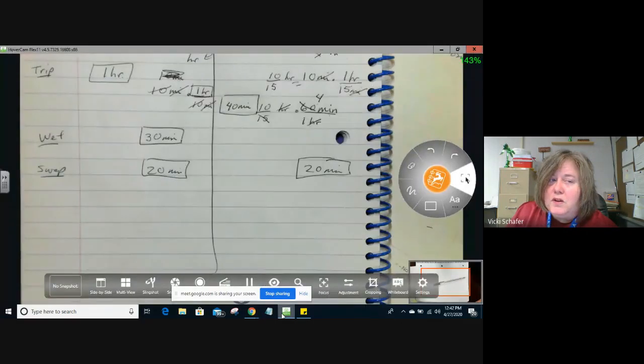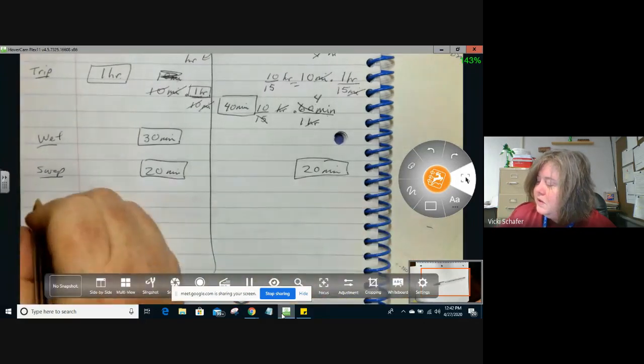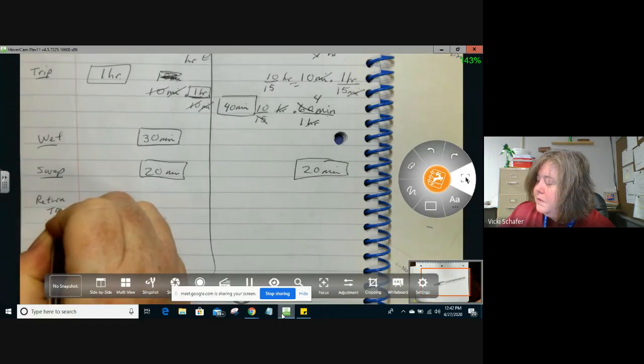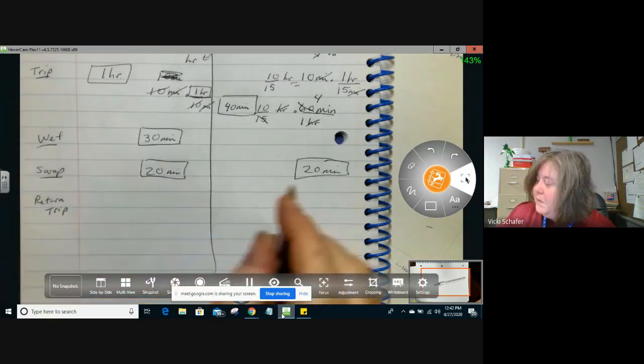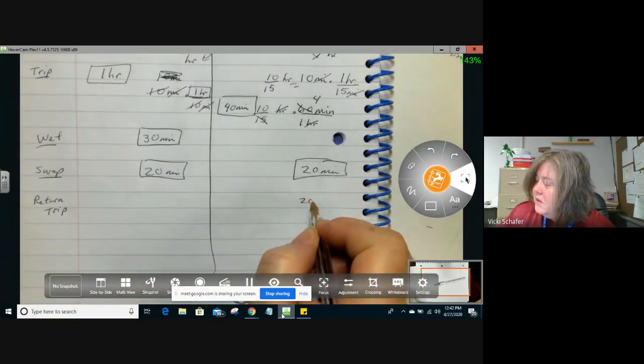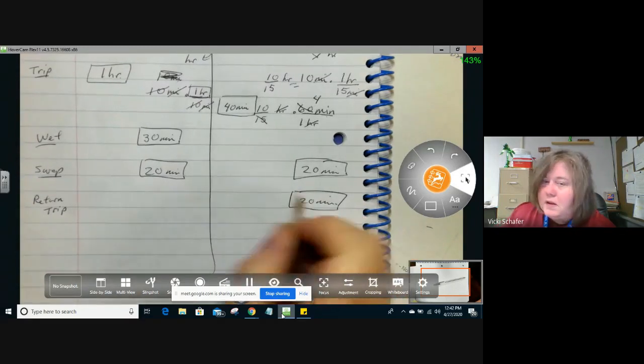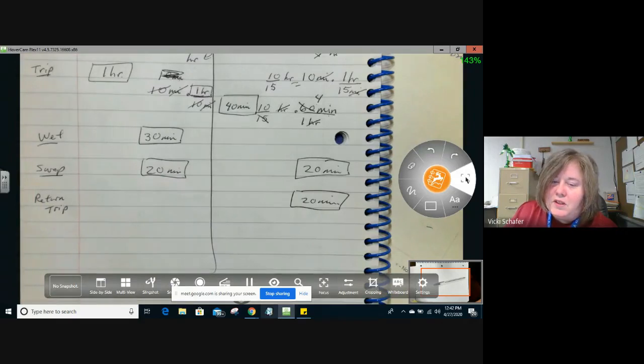So over here, under our best side, we are going to put return trip. In the best case, it was 20 minutes. Now we want the worst case.